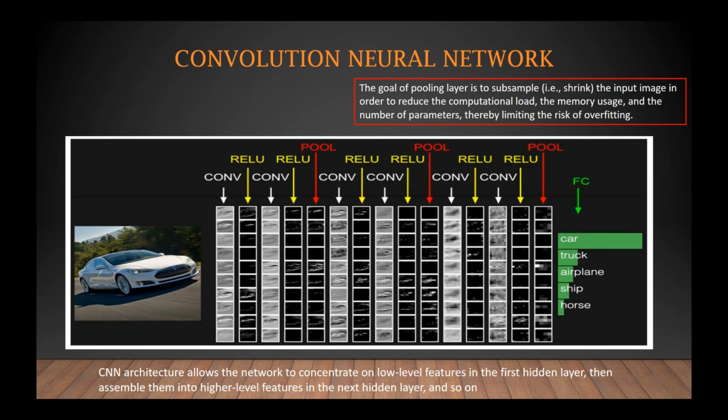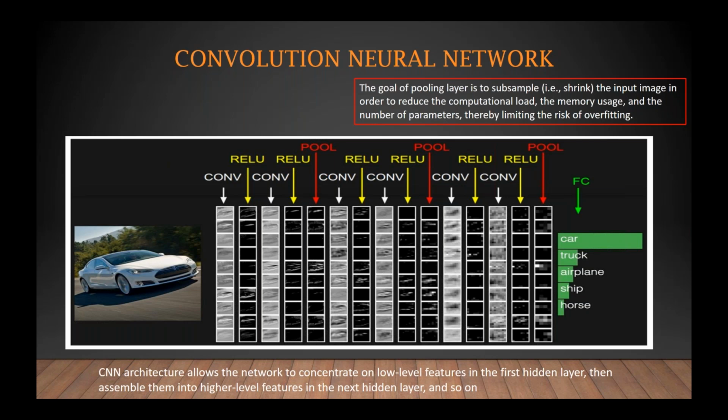Then the features are extracted into hierarchical information by the CNN. The architecture here allows the network to concentrate on low-level features in the first hidden layers, and then assemble some of them into high-level features in the next hidden layer, and so on.